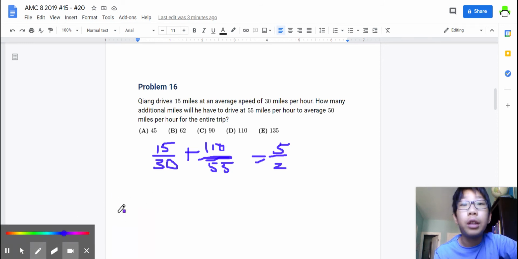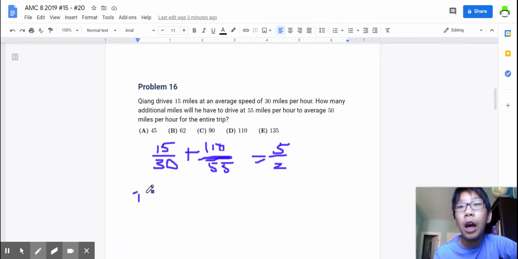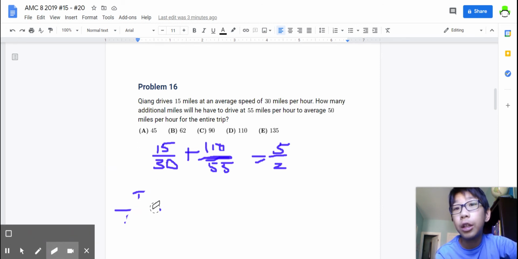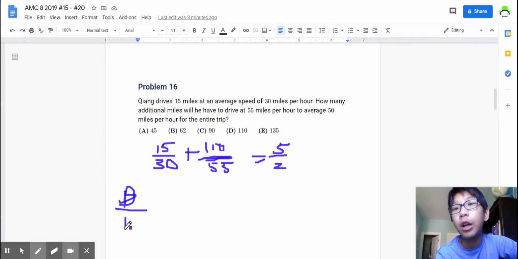Now we know that average speed is equivalent to time over distance, and we know that our time is, sorry, my bad. It's not time over distance. It's distance over time. So we know that average speed is distance over time.